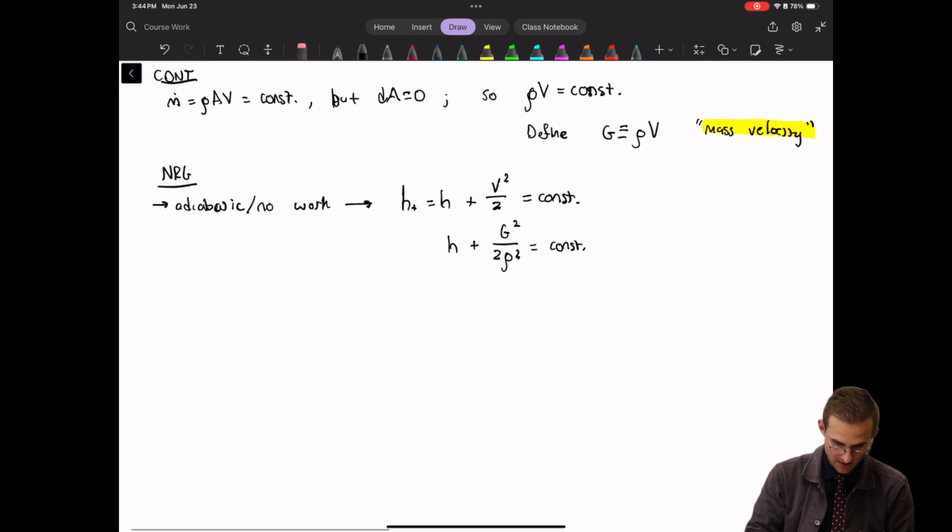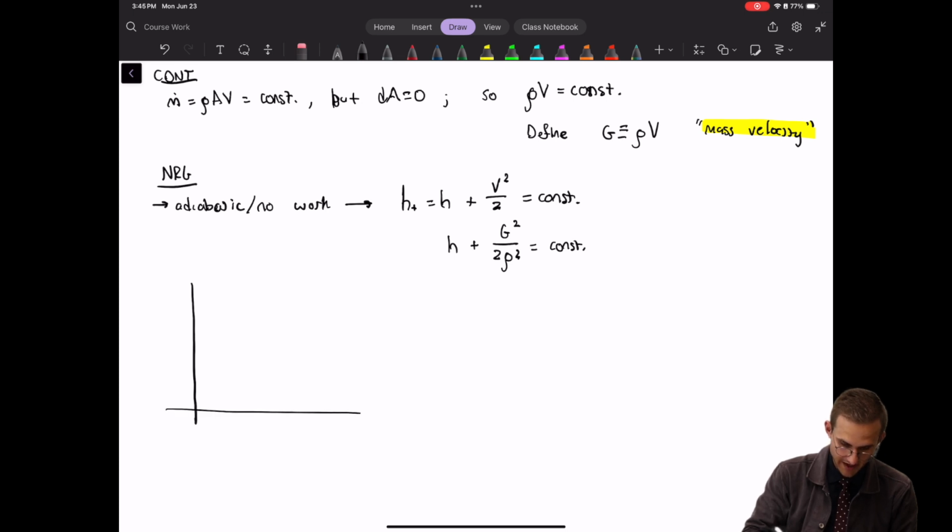What I mean by that is we can plot these lines of constant h plus G squared over 2 rho, and analyze the flow that way.